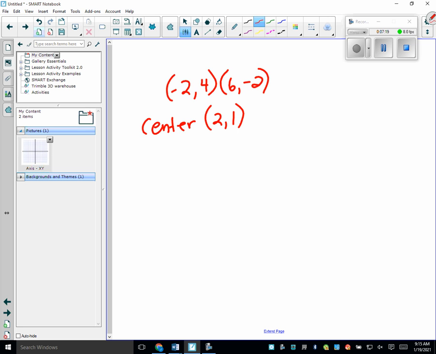How do I find the radius? The distance from the midpoint to one edge. Distance from the center to one edge?